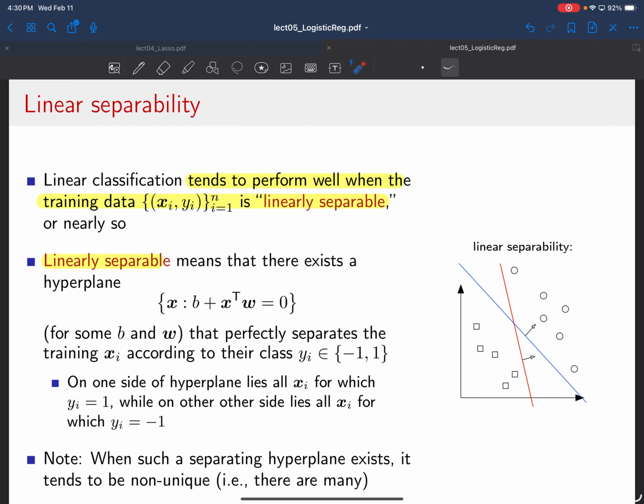And you can see, yes, I can find a boundary, or you could say I can find a b and a w such that the boundary perfectly separates those two classes. In fact, I can find many boundaries. This one also works. So this is how we define linear separability: perfectly separates the training data according to the class.